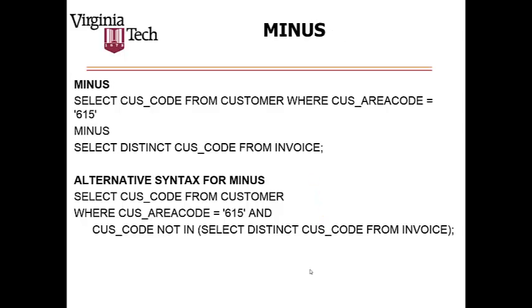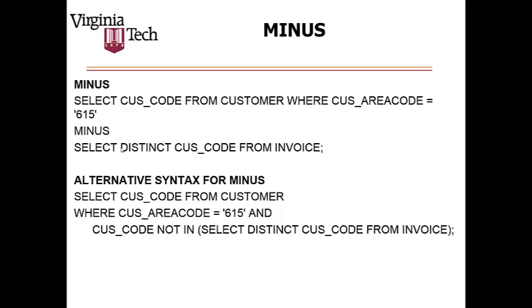Well, you remember our minus from our set theory. Here's the similar idea where, like our intersect query, we first select all the list of people with area code 615, and then we see if any of those customers in our database have not given us any invoices. The first half of the query gives us the list of all the people with that area code, and the second half gives us all the people that have given an invoice.